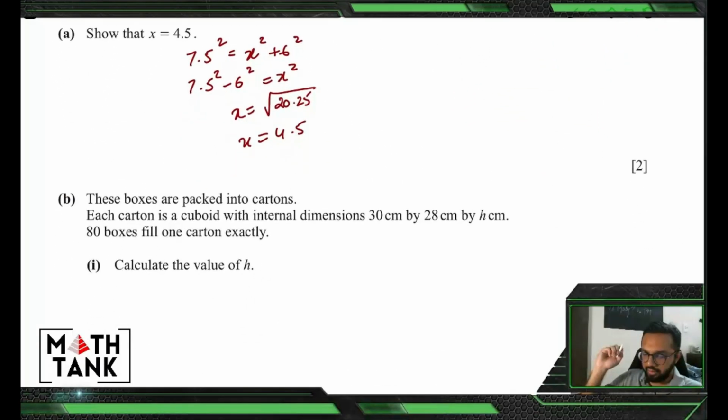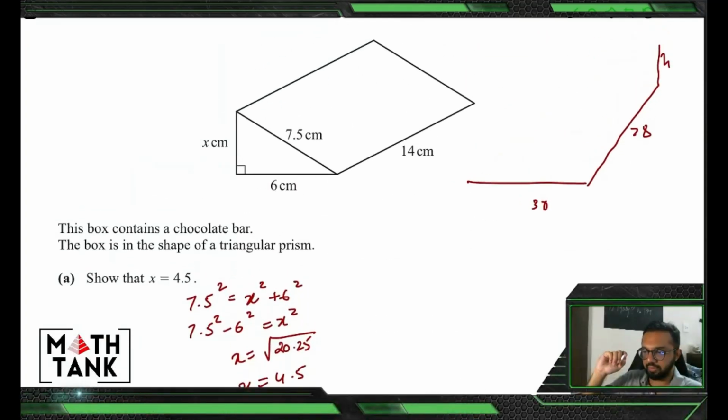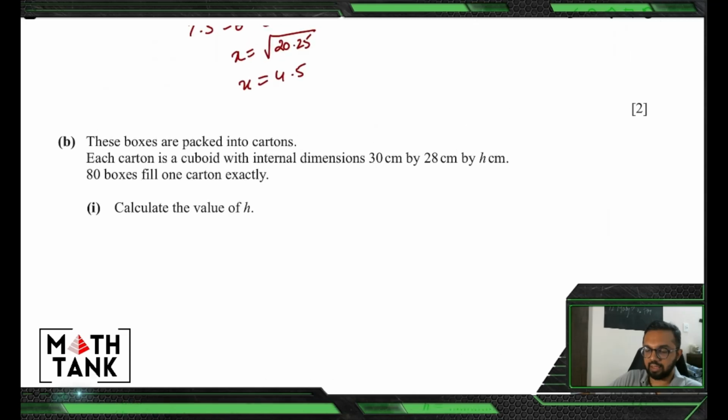Okay. Then 80 boxes fill one carton exactly. Now, this question is a bit of trial and error, and you will see how we will do that. And it's 3 marks. Calculate the value of h.